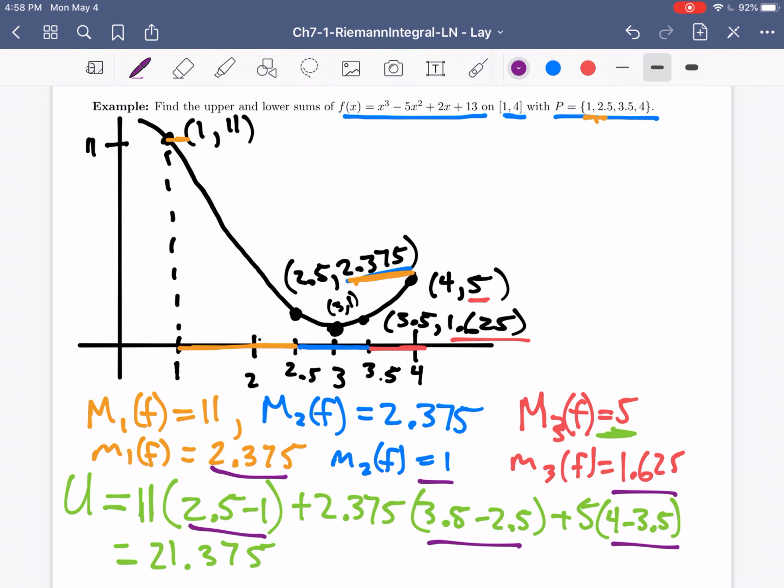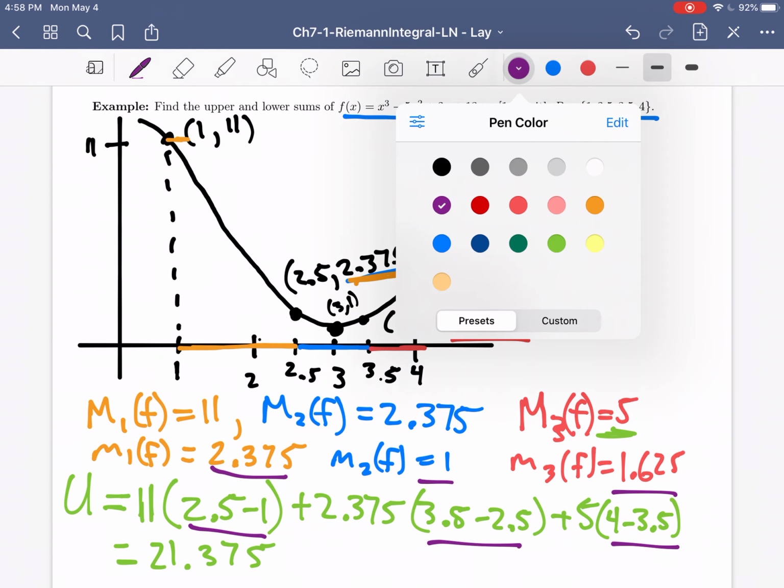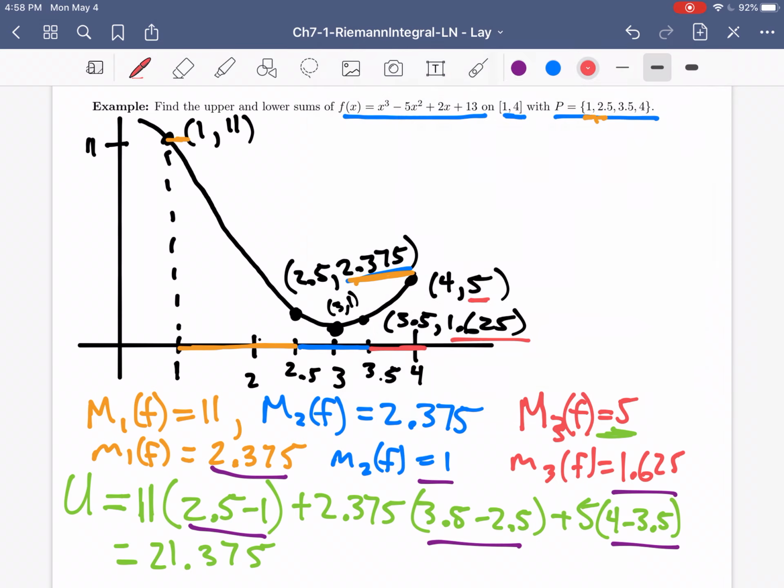However, let me mention one more thing before we shift there. So for the upper sums, what we've done is we said for this first piece, we found the area of that rectangle. And then for the next subinterval, we found that rectangle. And then for the final subinterval, we found the area of that rectangle.